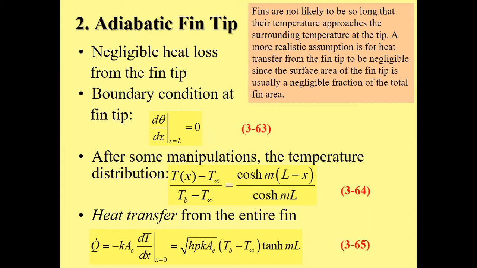So usually you can exclude the area at the tip. And sometimes a different shape of fin tip will have no area at the tip, like a cone, for example, right? So at the tip there, you don't have to find the area. So we can say that there is no heat loss from the tip, okay?